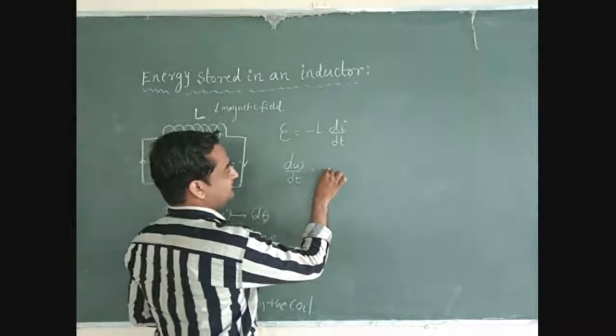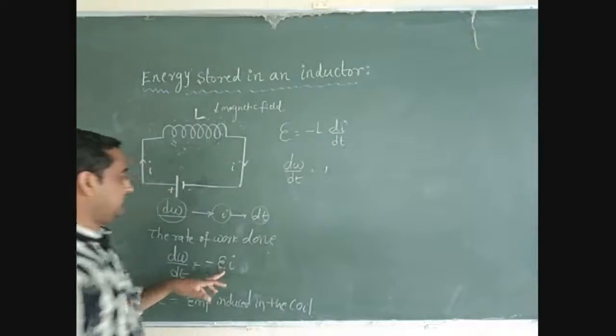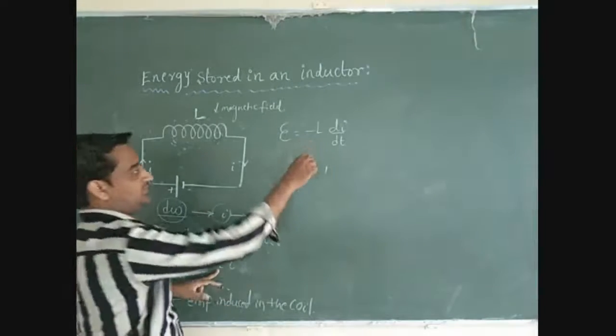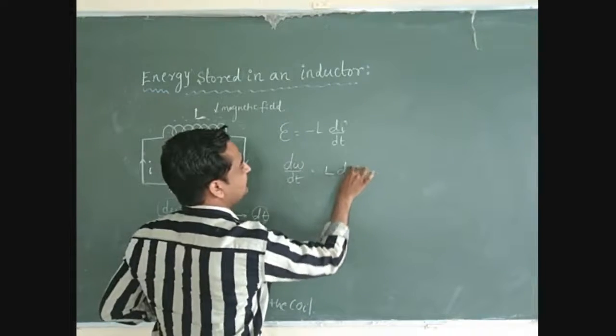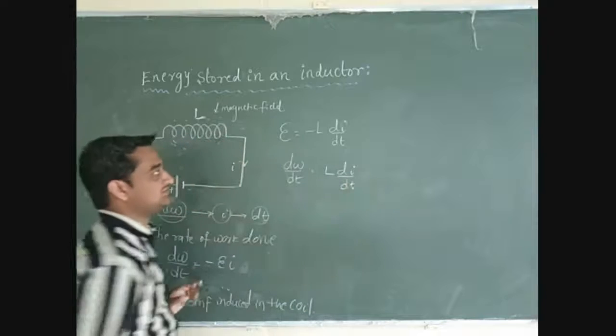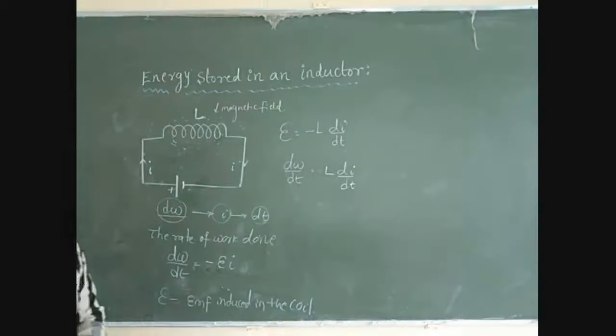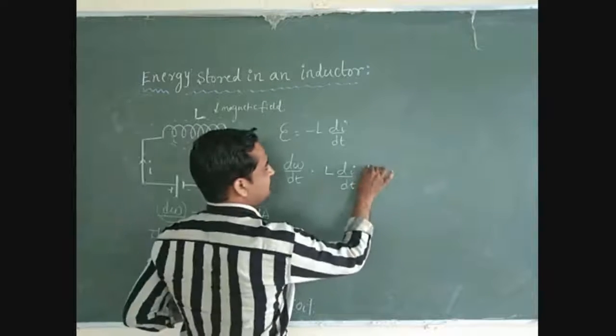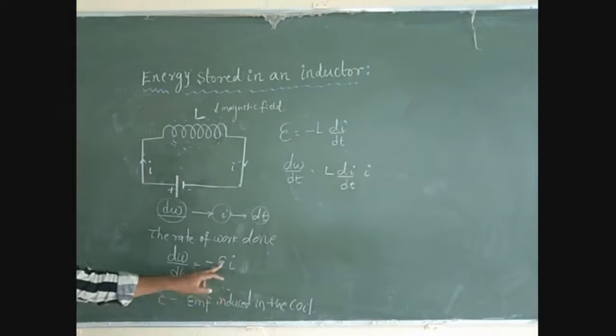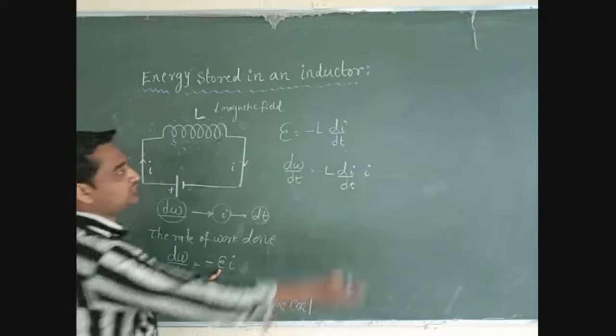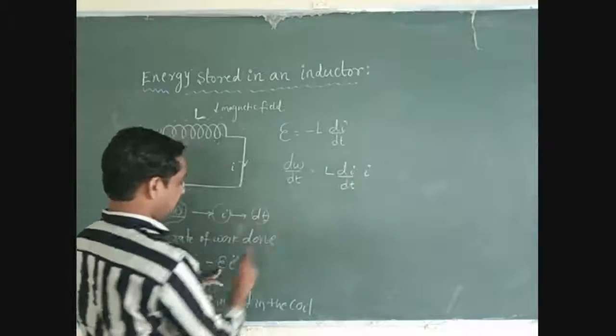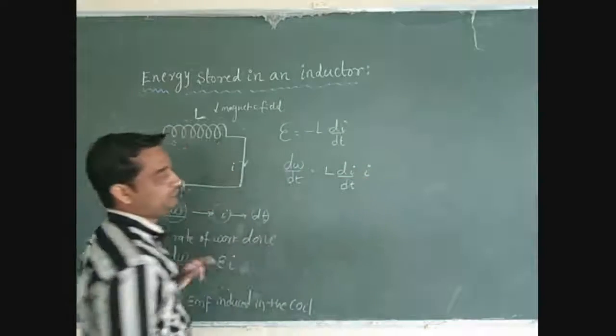In place of E, let us substitute this value: L into di by dt, and minus into minus becomes plus. Again one term we have to write, that is I. So in place of E, we substitute L into di by dt, and I is written here.